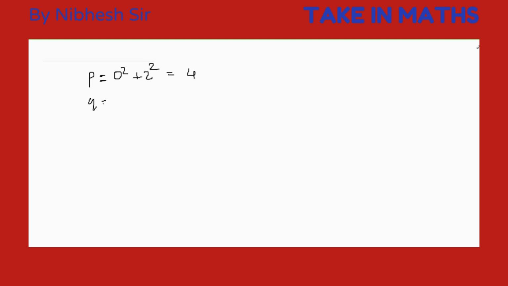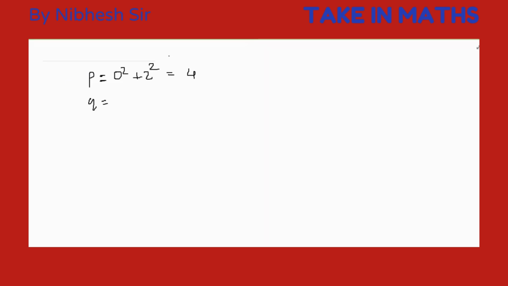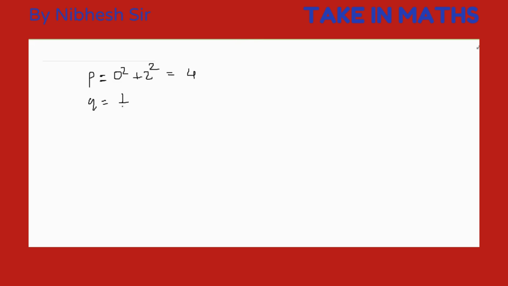And Q is the sum of values of x where f(x) attains a local minimum on S, that is 1/2 and 5. Adding them gives 11/2.